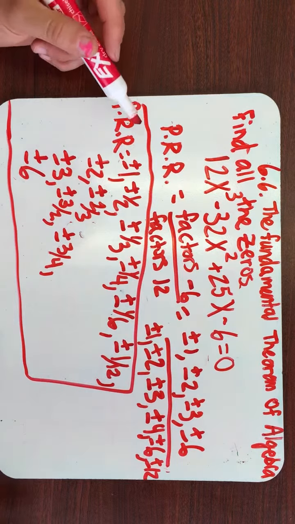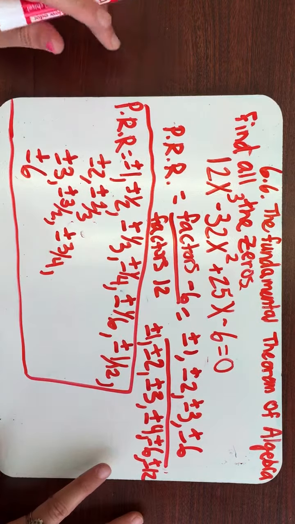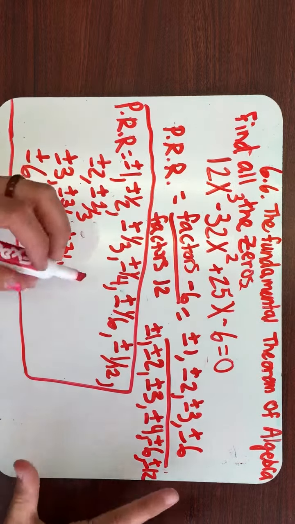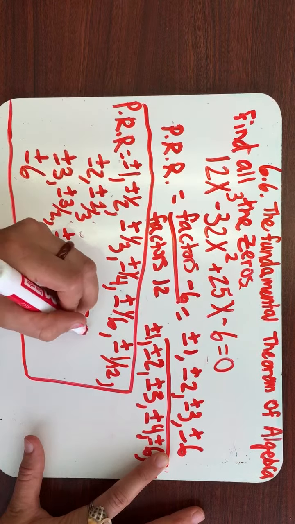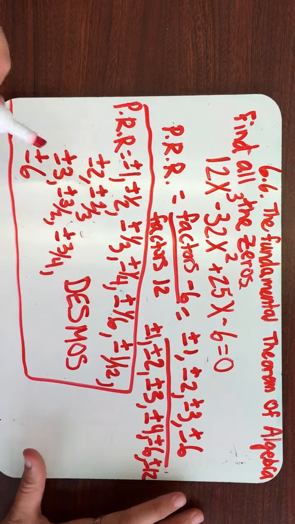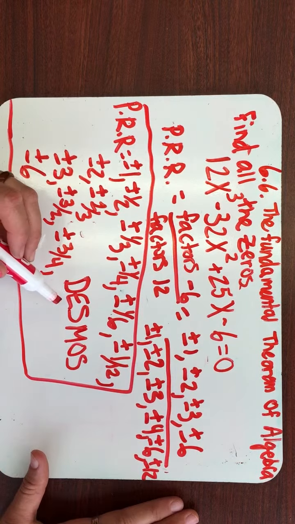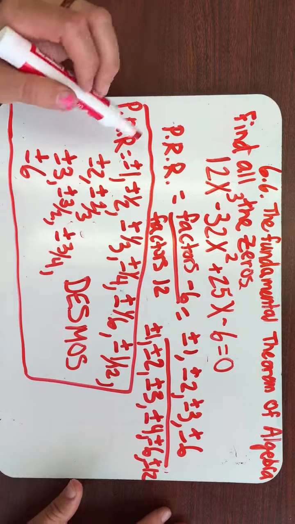So now we're actually going to test these by using synthetic division. And if you download the app Desmos, you can use this app, or you can use it on your computer at home, or you can use your graphing calculator.